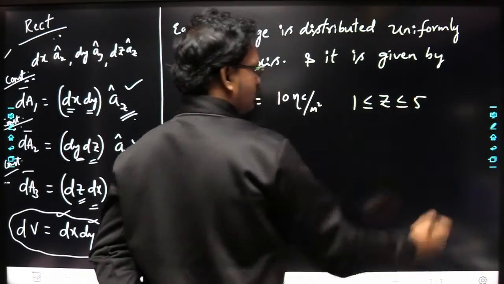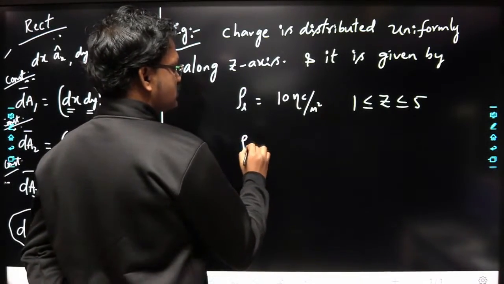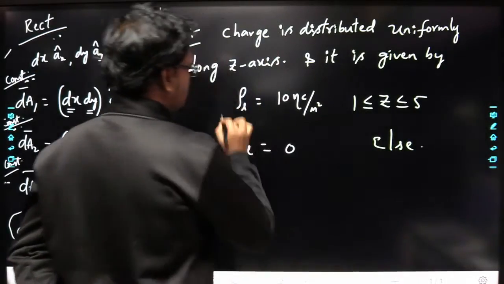Understood? And rho L is equal to 0 elsewhere.